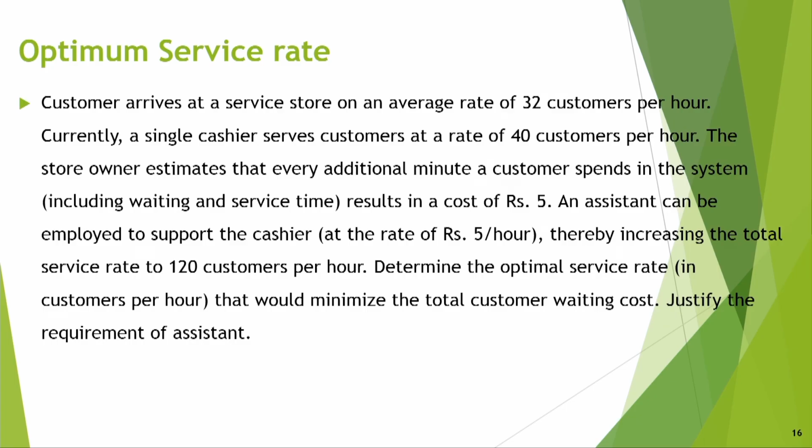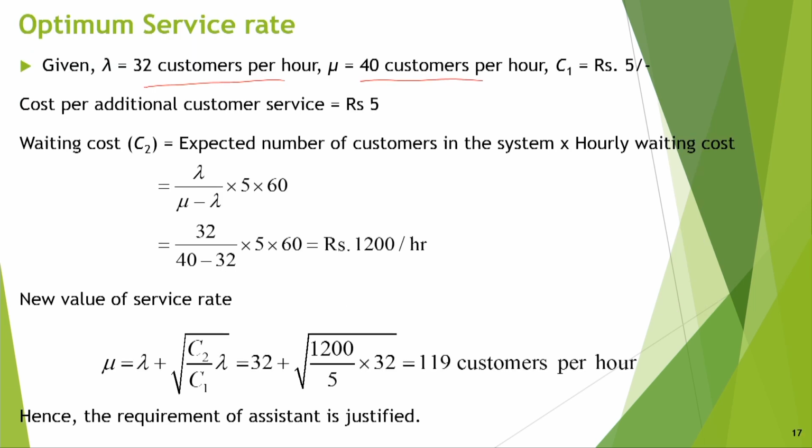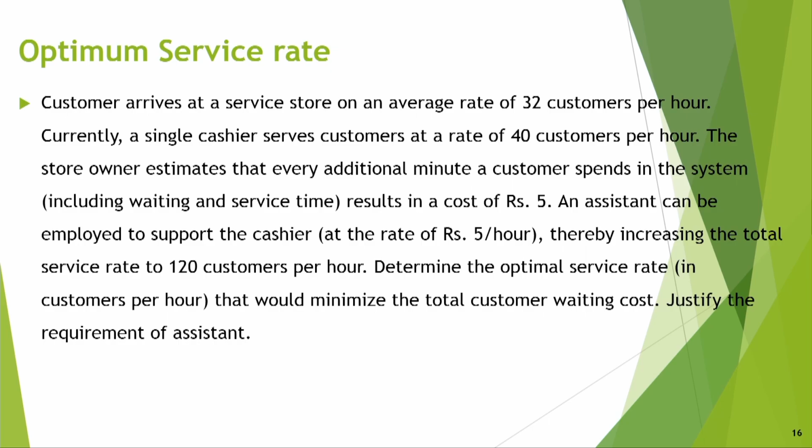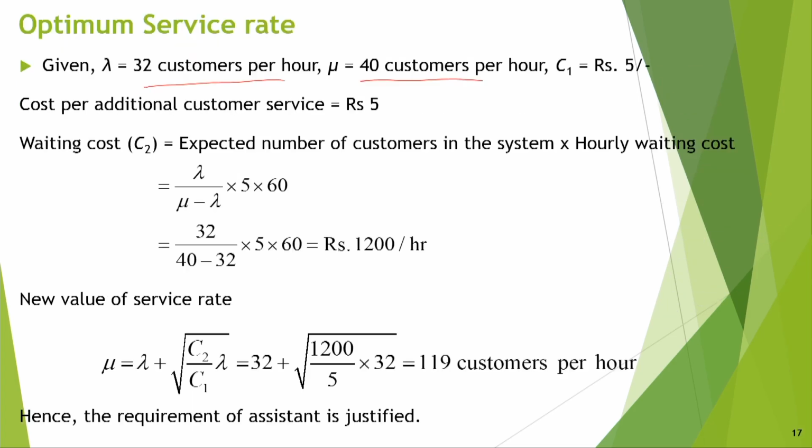So this results in a cost of 5 into 60, the hourly waiting cost. Including the additional minute cost of rupees 5, that's why 5 into 60. So this comes out to be rupees 1200 per hour.